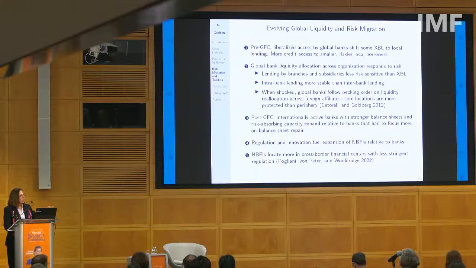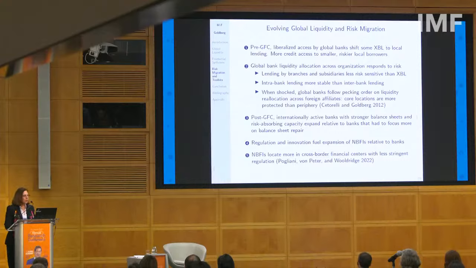And then over time, the frameworks focused on large and systemically important banks, requiring them to set aside more capital in association with riskier borrowers. This then led to some migration of that type of financing activity to market-based financing through NBFIs.